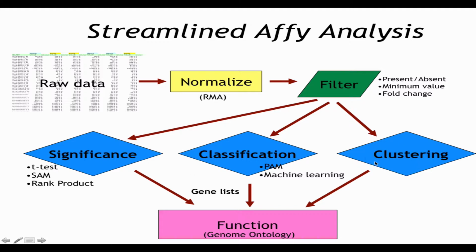And then clustering is something that you could apply to genes or to samples or both at once, to say these genes change consistently in their expression across this experimental design. And then all 3 of these experimental workflows end up generating gene lists. Lists of differentially expressed genes, lists of genes that make good classifiers, list of genes that fall into clusters.